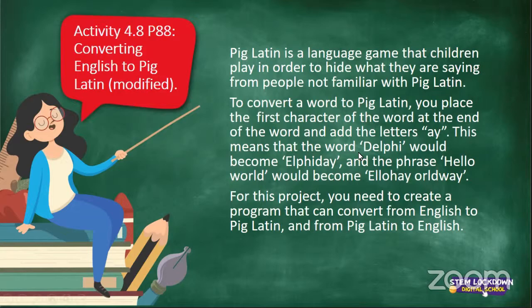In my example, you take your first character, put it right at the end, and add the AY after that, so that Delphi becomes Elphiday.